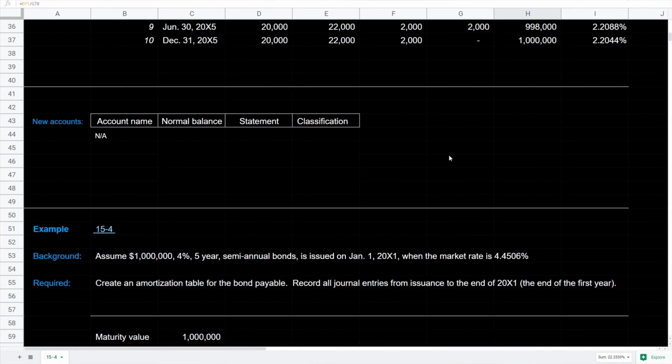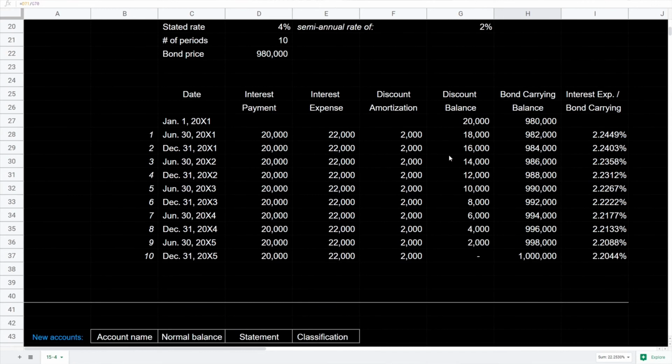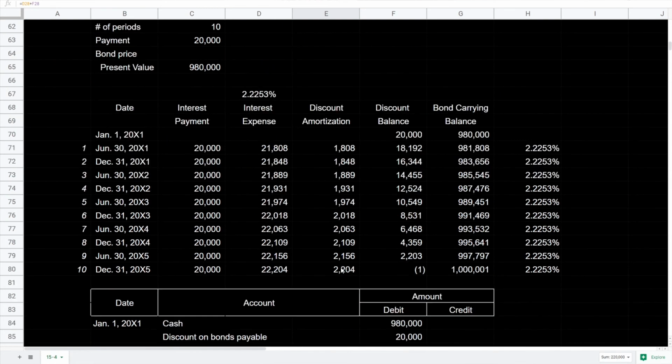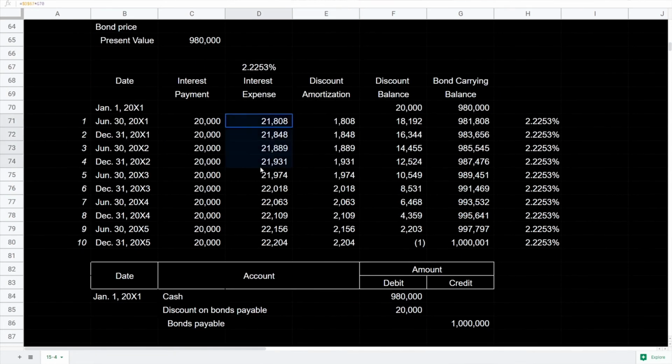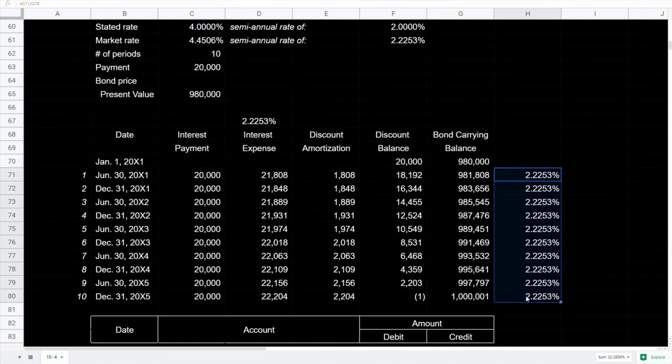If we go back up to 15-3, you'll see that the interest as a percentage changed over the life of the bond. However, the interest expense amount remained the same. The interest expense as a dollar amount changes when we use the effective method. But as a percentage, it remains consistent. So this makes for better matching.